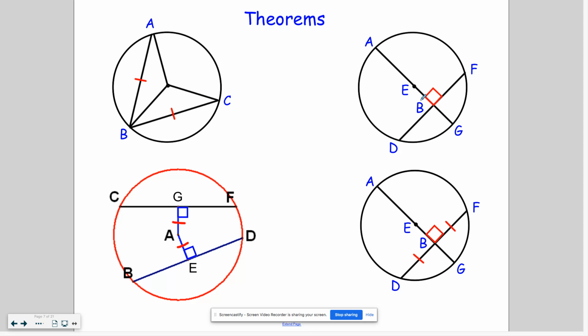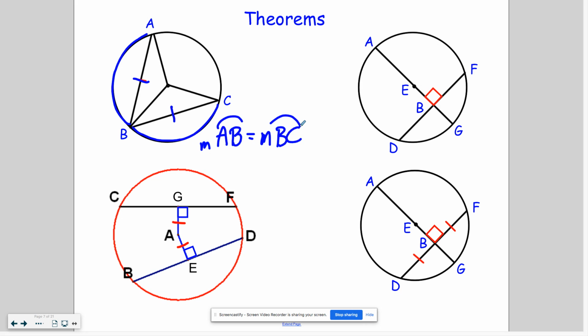So on this circle on the left, if you know that your chords are the same, which is marked on here, then you're going to know that the arcs are the same. BC and AB would be the same. And you can write that out, like the measure of arc AB would be the same as the measure of arc BC.